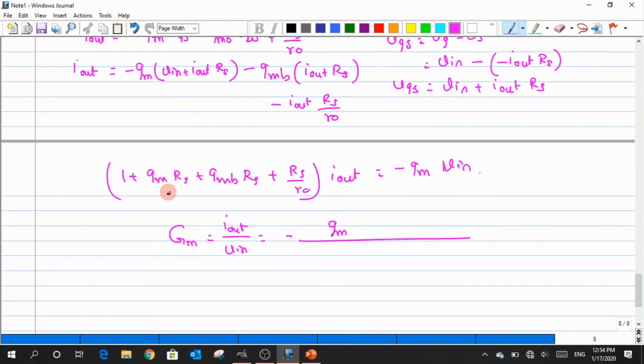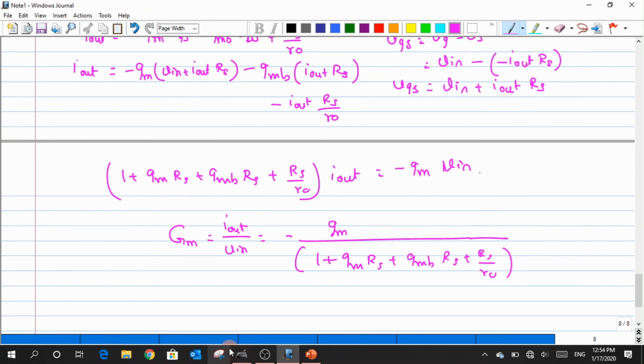Does it have any unit? No. So again it's a number. This is again a number. The unit of capital Gm and the unit of gm is the same, Siemens. So that never changes, but what is dividing at the bottom is just a number. So I just have something like gm RS or gmb RS and RS by R naught.